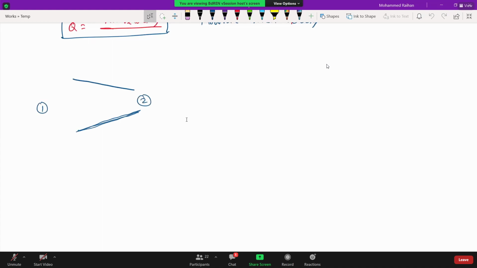This one will be area 1, this one will be area 2. Now you are pumping some fluid in here, and the fluid will go out through here, and it is incompressible. Which area is greater? Area 1 is greater than area 2, right?